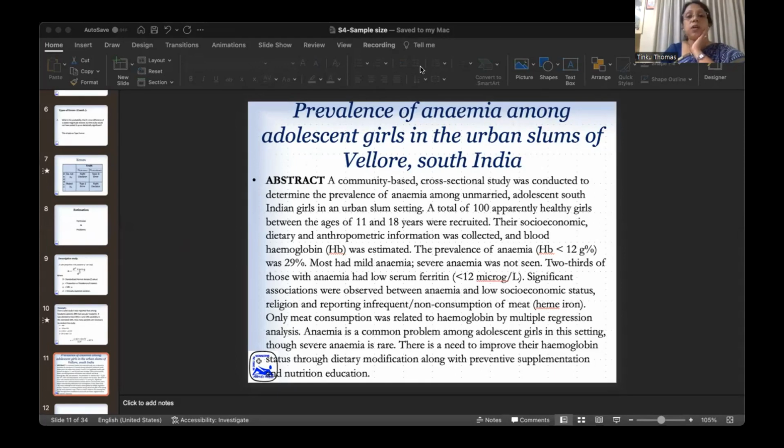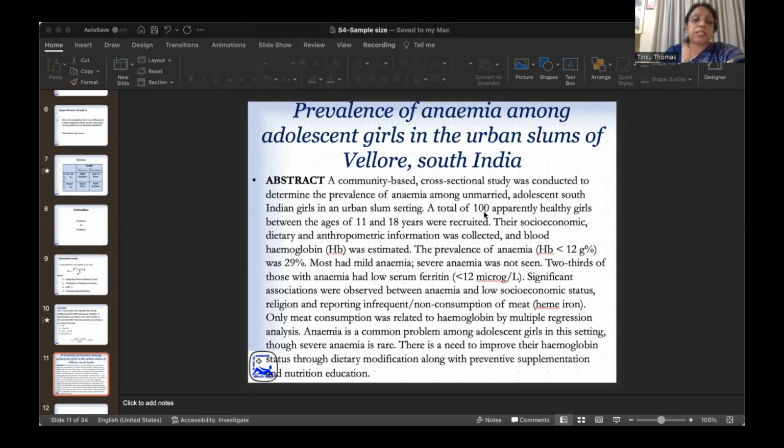So I hope you are following this. Since it is a proportion here and not a percentage, it is in decimal, so 0.29. And now it is asking, what is the margin of error that I'm permitting? I earlier said that I will permit a margin of error of 10%, so I will say 0.1, which means that I'm permitting that estimate to be higher or lower by 2.9%.